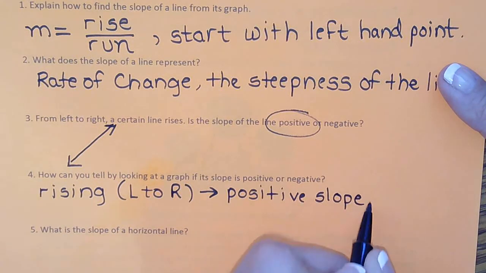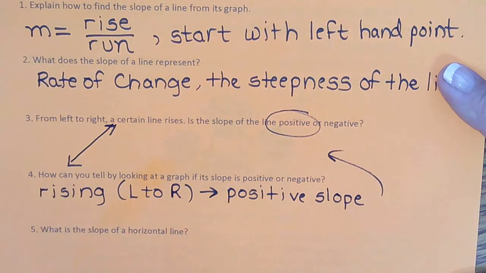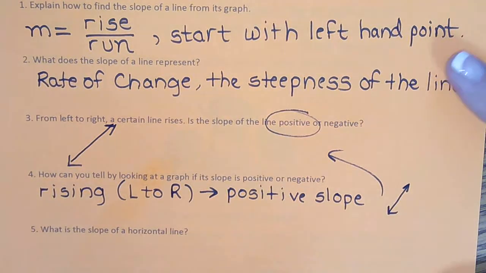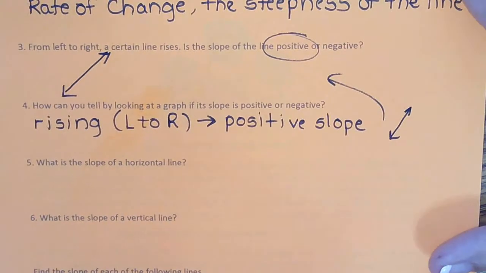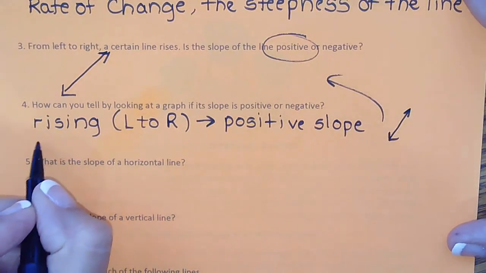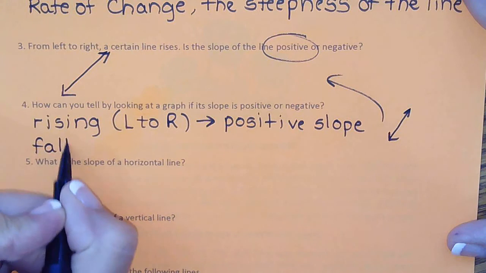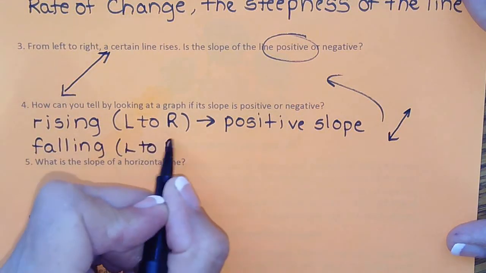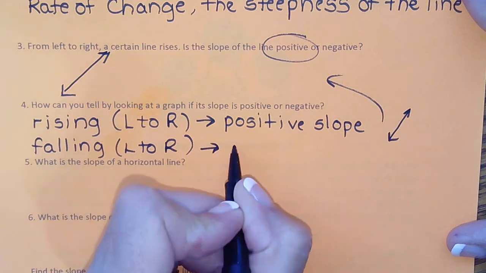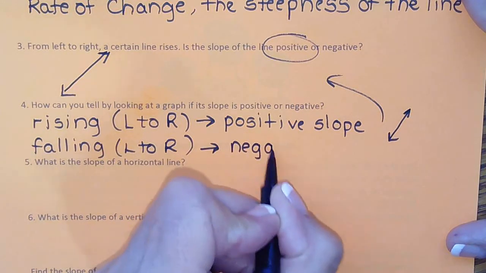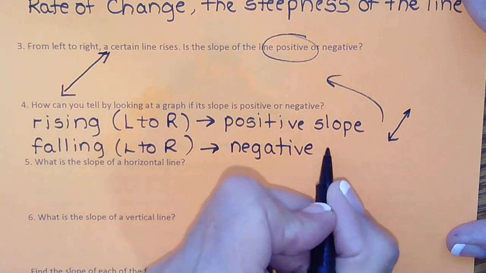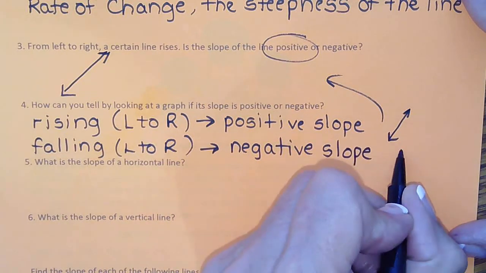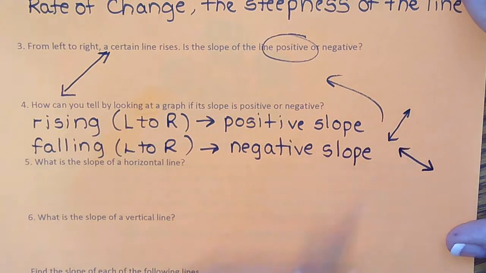Like the picture above. Let's just put our own little visual. I know you have your visuals in your notes, but let's just do it again. And then falling from left to right, that would be a negative slope. And that would look like this.